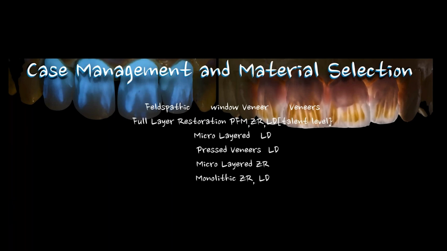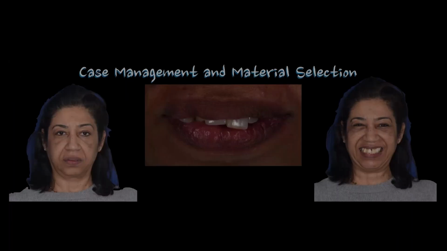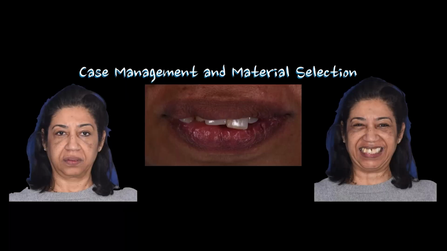My only concern is the aesthetic challenges that we face, especially in the anterior, and when and where we're choosing it. What I try to do is really choose the right material for the case and not let the manufacturers or the marketing make that material choice for us. I'll throw the clinicians under the bus and say, I think sometimes for the clinicians listening, you're choosing those materials way too often based on all the advertising that's coming your way.